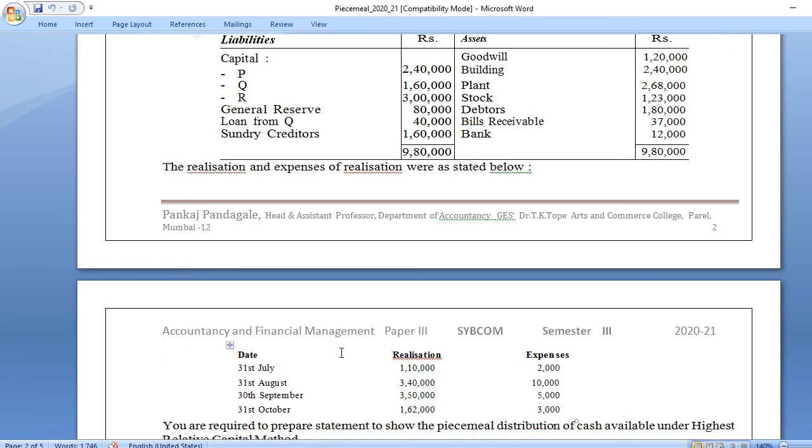Now in our problem, on 31st July the realization amount is 1,10,000. It means we sold some assets, and whatever assets we sold, we earned money of 1,10,000. The same amount we will use.